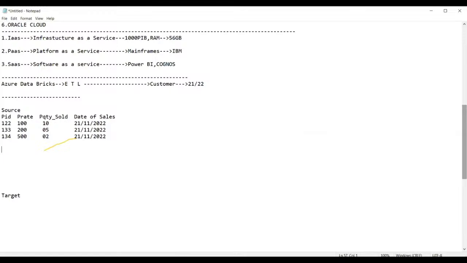But instead of this, I will make the rates 200, 300, and 1000. The product quantity sold stays as it is, but I'm changing the date to 22.